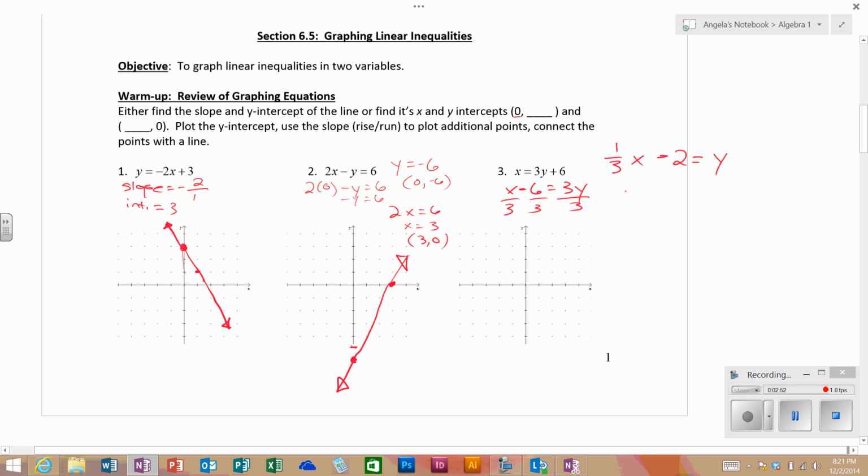And if you notice, I can just flip that, and I have y equals mx plus b. So I'm going to go down to my intercept at -2, and then my rise is up 1 over 3. So there's how I graph that. So you guys really need to know how to graph, okay, to do this next unit.